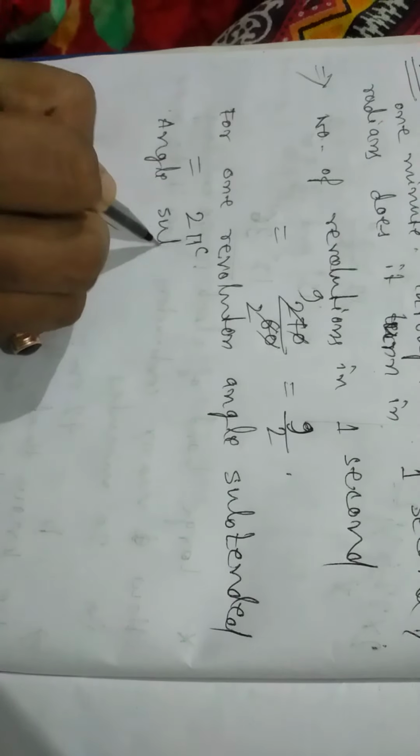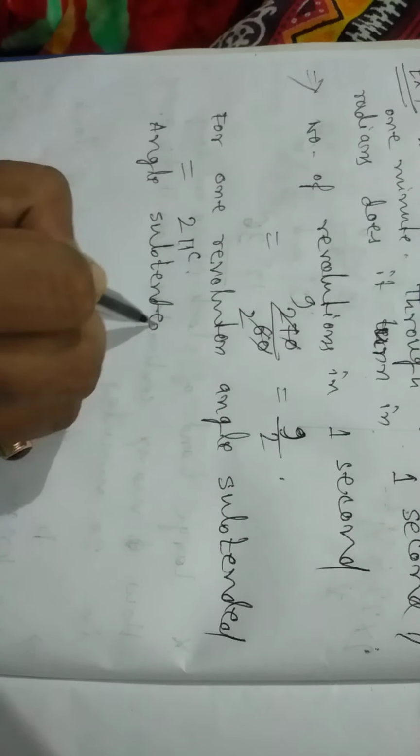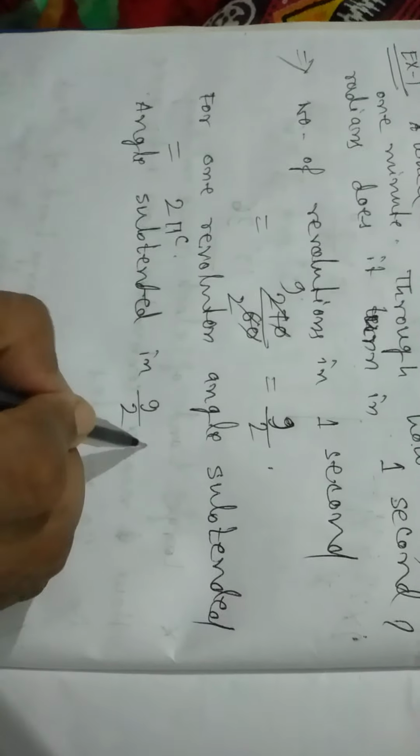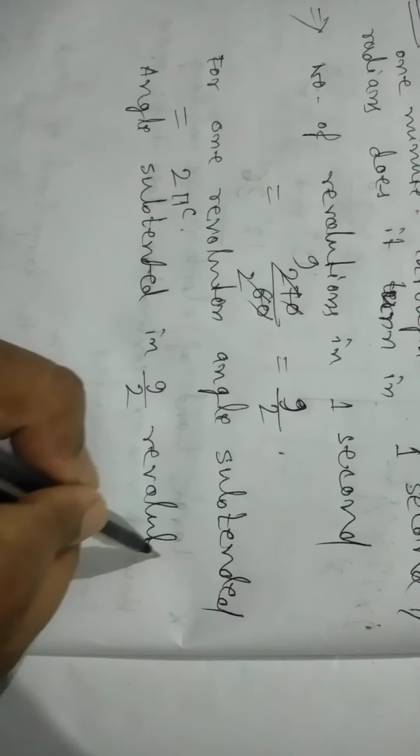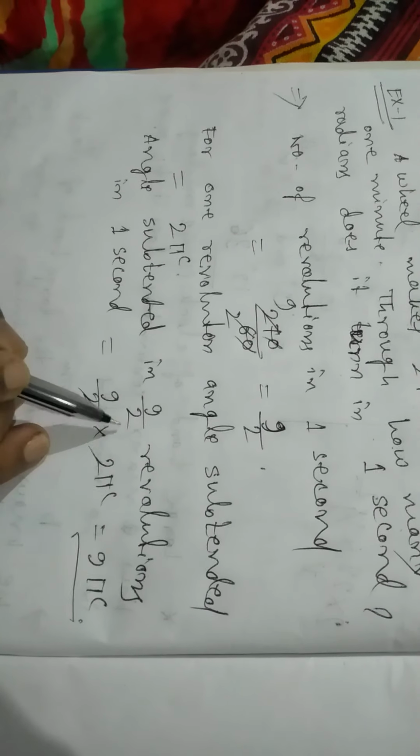The angle subtended in 9 by 2 revolutions in 1 second will be how much? 9 by 2 into 2 pi radian. That is 9 pi radian. Okay. So this is the angle which is subtended in 1 second for 9 by 2 revolutions.